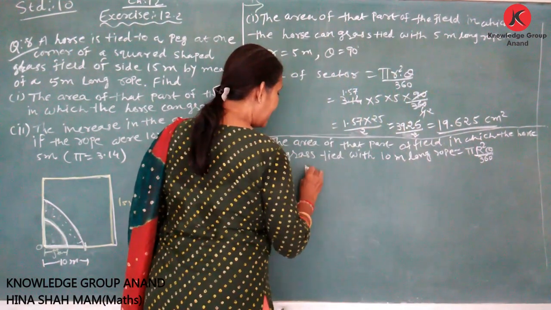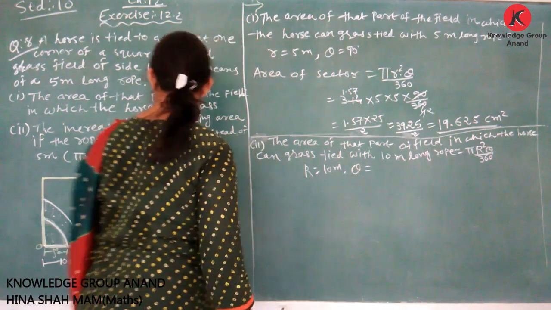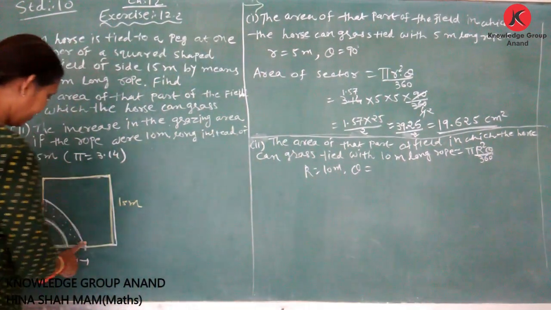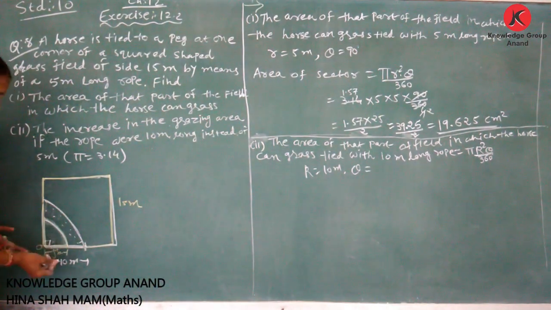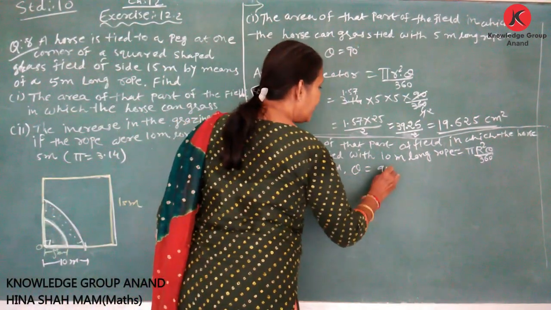Here R is equal to 10 meter and theta is equal to 90 because it is at the corner.